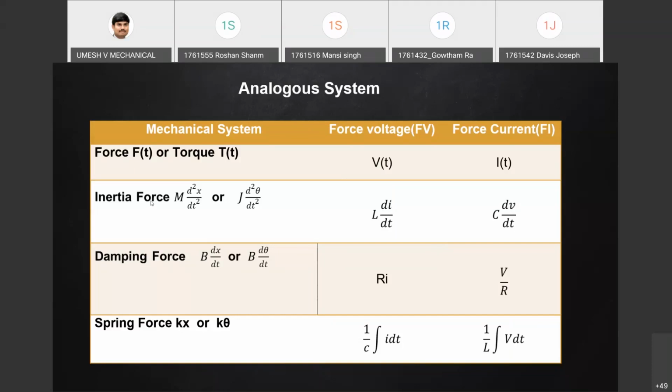We'll move forward to the numericals. I hope everyone is copying this table. It should be in your notebook.